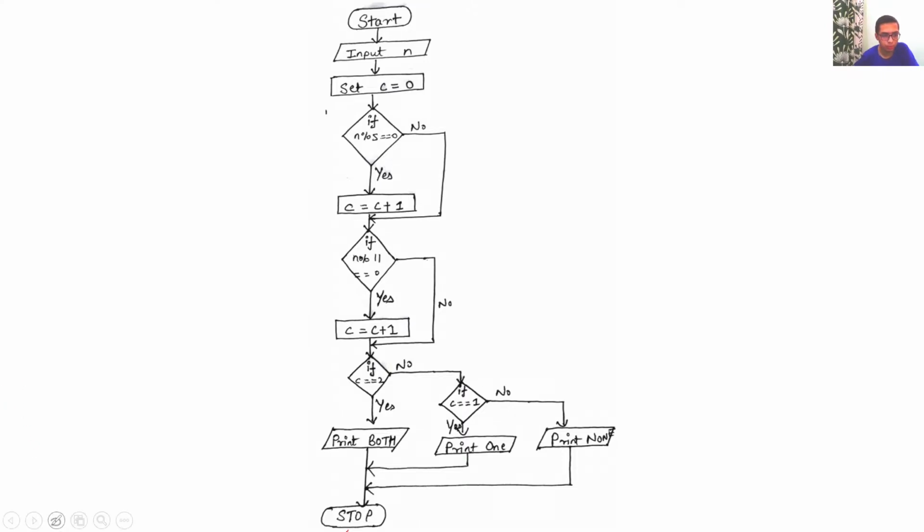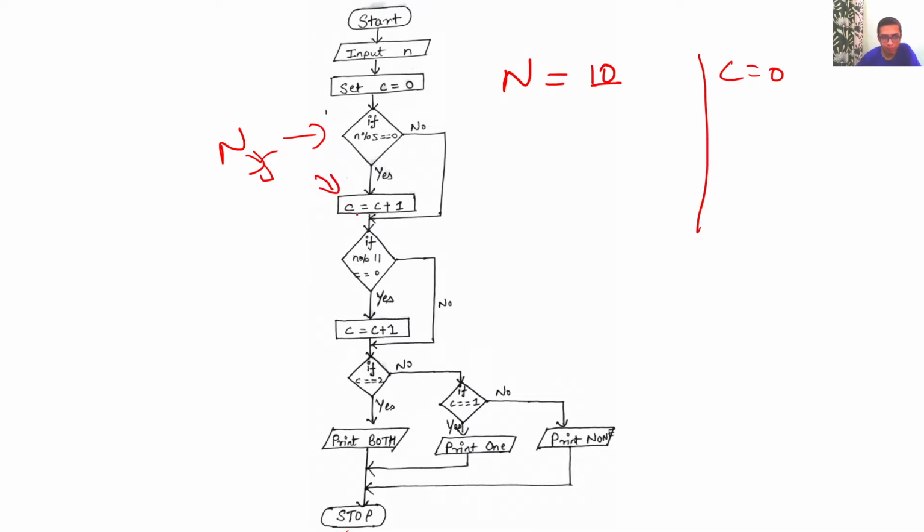So let's say n is 10, right? Firstly, I'll initialize c to 0, then I'll check is n divisible by 5. 10 is divisible by 5, hence the value of c would be incremented, so the value of c would now become 1.